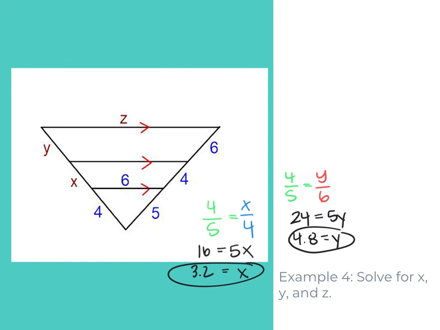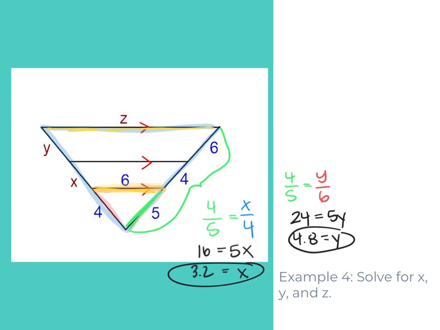I can look at this triangle, and then I can look at the big triangle, and I can use sides that correspond. So I can say 5 here can correspond with this whole length, and 6 here can correspond with z.